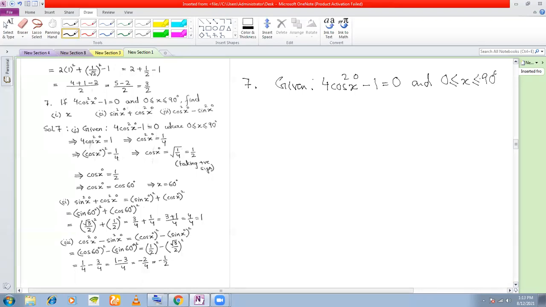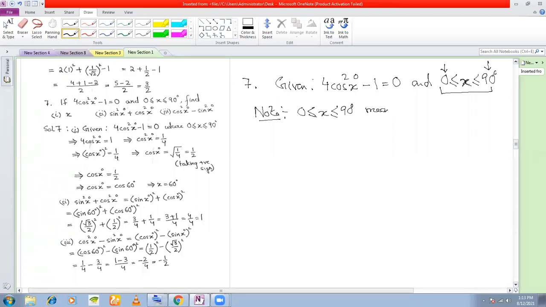What does this symbol mean? Can anyone tell me? I told you back in class 8. If you have x in between, and you have the lower number here and a higher number here, what does this mean? This means 0 less than or equal to x less than or equal to 90.